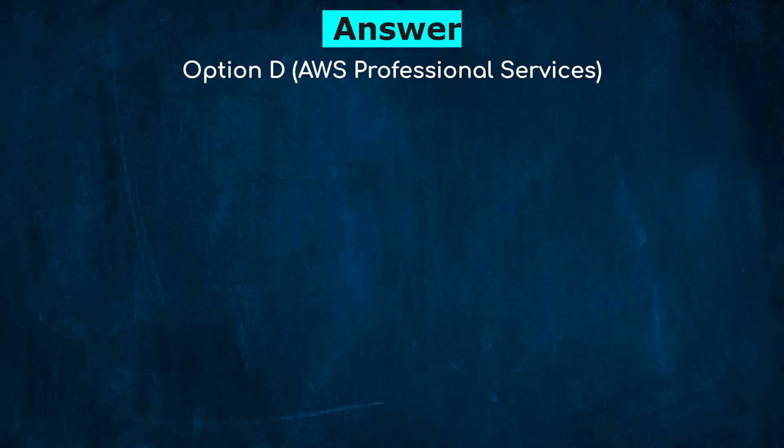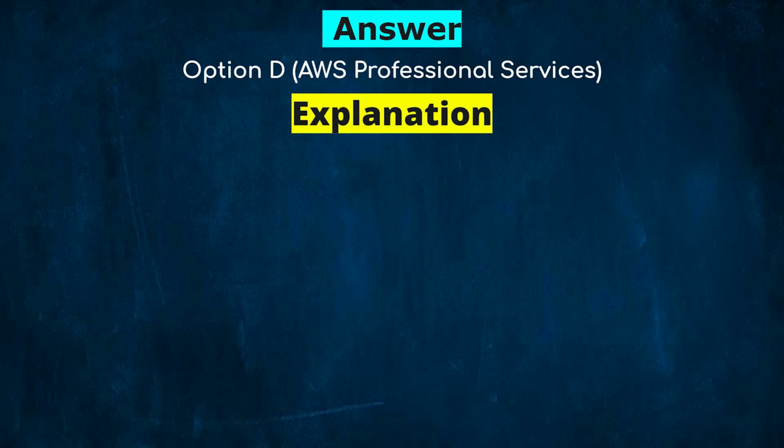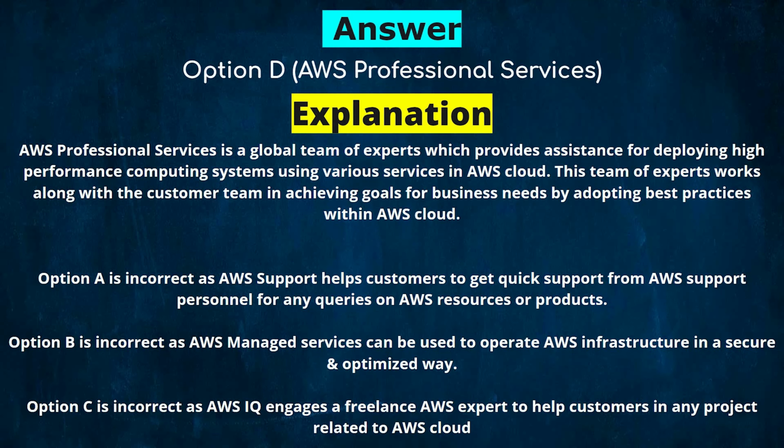AWS Professional Services. Explanation. AWS Professional Services is a global team of experts which provides assistance for deploying high-performance computing systems using various services in AWS Cloud. This team of experts works along with the customer team in achieving goals for business needs by adopting best practices within AWS Cloud.